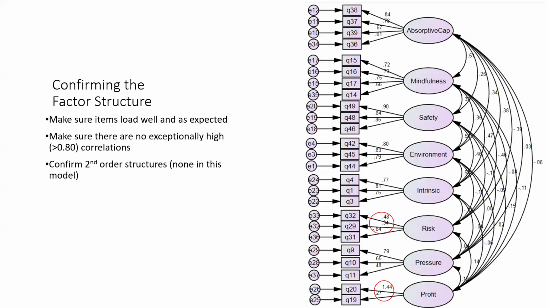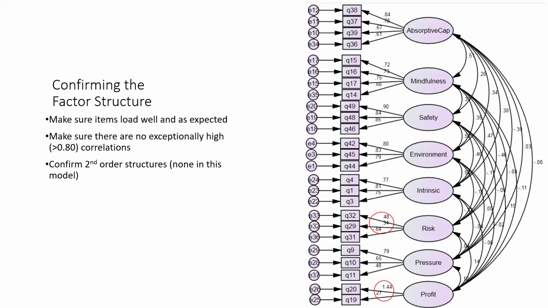In CFA we will be doing convergent validity and discriminant validity. You'll see that while running the model. Now I'm just giving a little background about that. It's part and parcel.